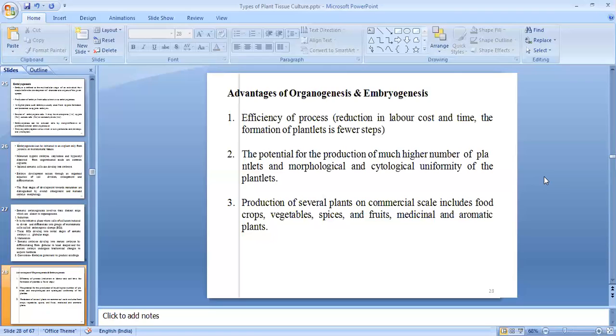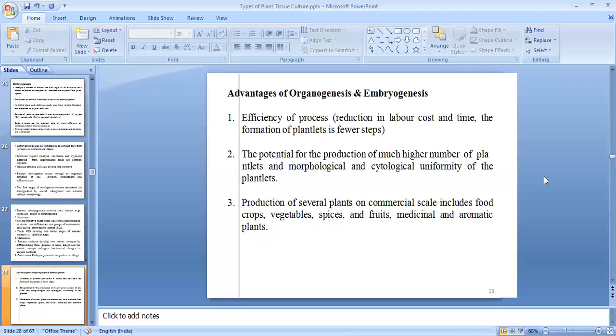Okay, the advantages, if you see, first one, it is highly efficient by reducing the time and the labor cost, and also the formation of new plants or plantlets in fewer steps. And next one, there is a high potential for the production of plants in more number, and the plants which are produced are similar morphologically and cytologically, and also uniformity in the production of plantlets can be obtained here. And the next advantage is production of several plants on the commercial scale.